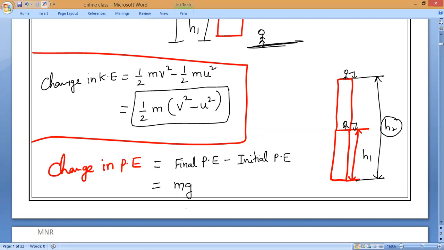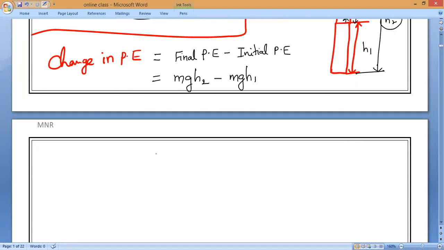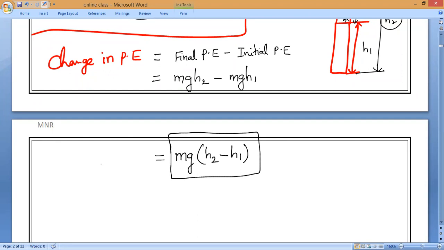Height. So mgH2 minus initial position, mgH1. Here also something is constant: m and g. So change in potential energy equals mass of the body into acceleration due to gravity into (H2 minus H1). That is how you will get the change in potential energy.